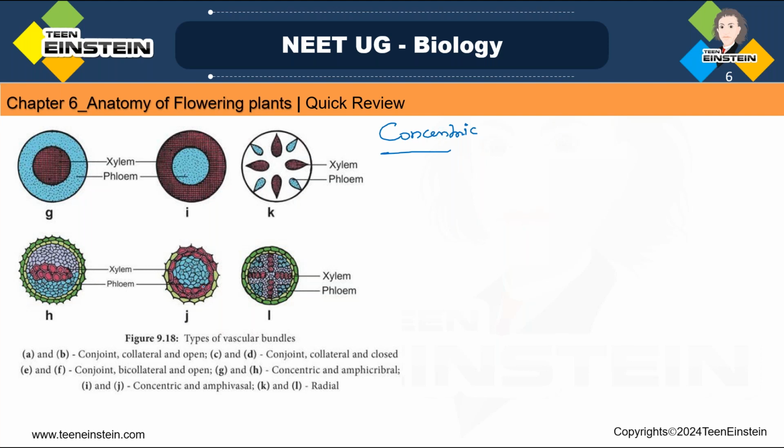Here you can see the phloem that is inside and xylem is outside, the red colored one. And in diagram H, exactly opposite, you can see xylem is inside and phloem is outside, surrounding it. So these concentric vascular bundles are divided into two types, amphivasal and amphicribal.